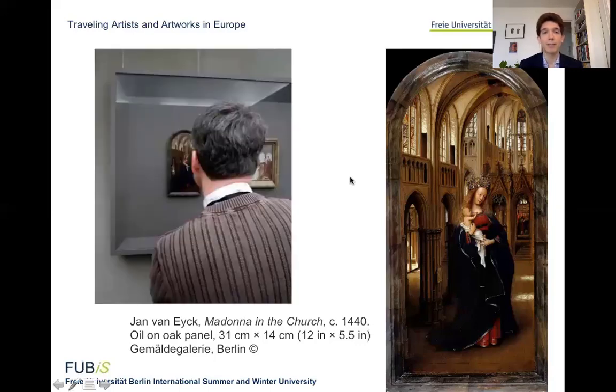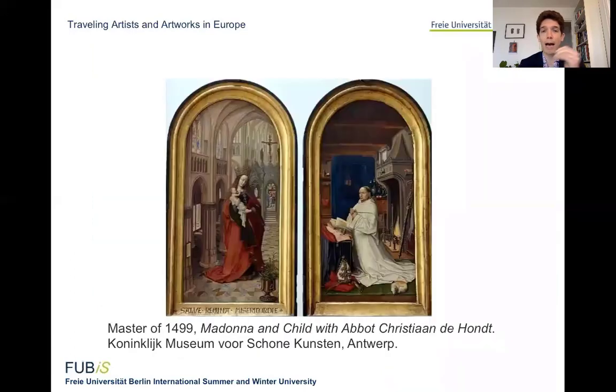Here is how this painting appears in the Gemälde Galerie. And you have to imagine that this painting was made for a diptych, that is to say, for a small altarpiece that was easy to bring with you while traveling.